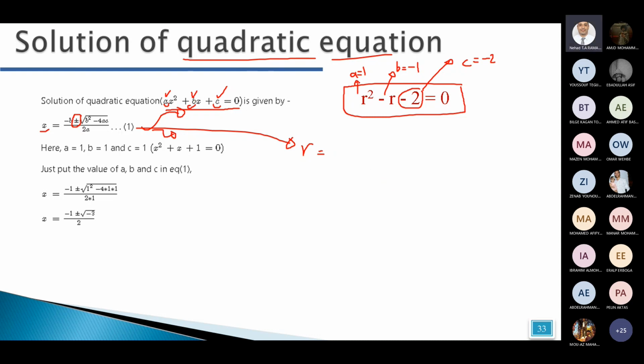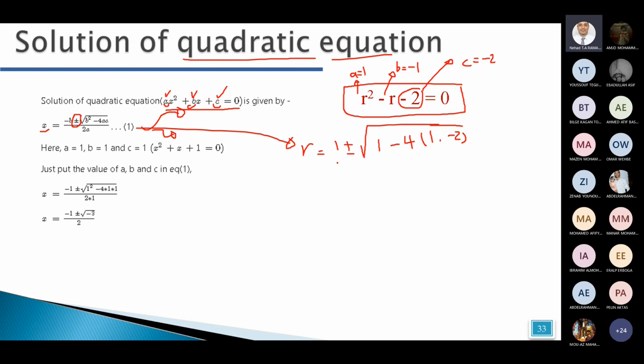So minus B, which is minus minus 1, becomes 1, plus or minus the root of B power 2, which is minus 1 power 2, it's 1, minus 4 multiplied by A, which is 1, multiplied by C, which is minus 2.